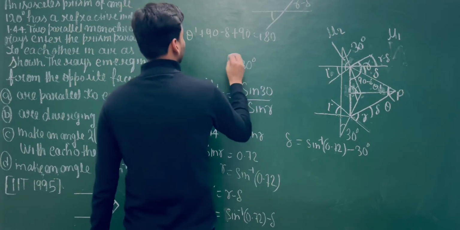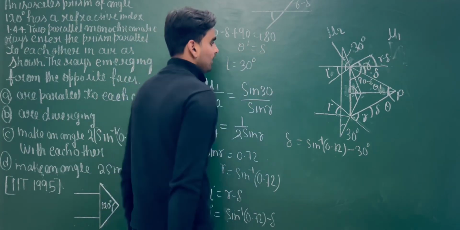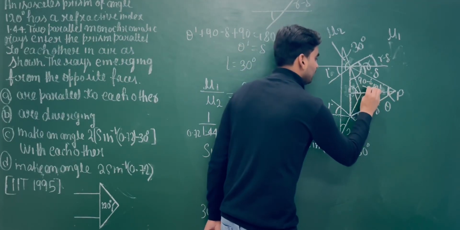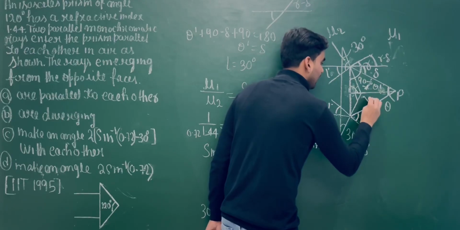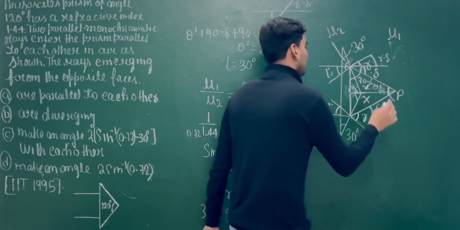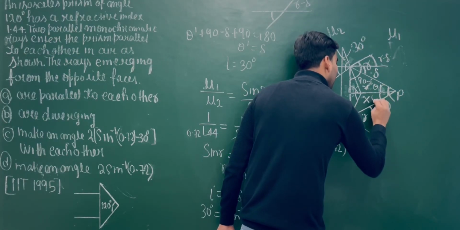This equation gives theta dash equals delta. But again, these two triangles are congruent. It means that this angle is theta dash, so this will also be theta dash.